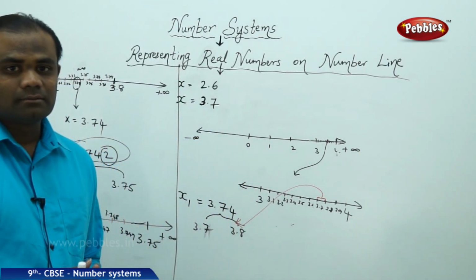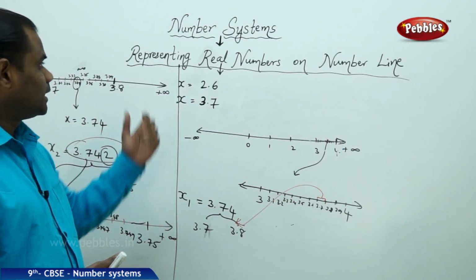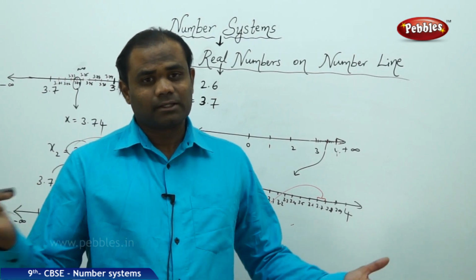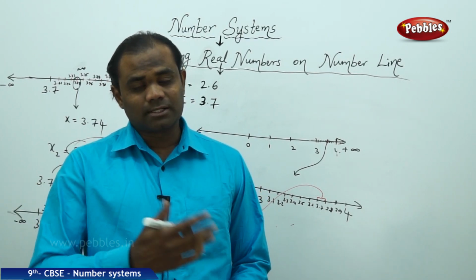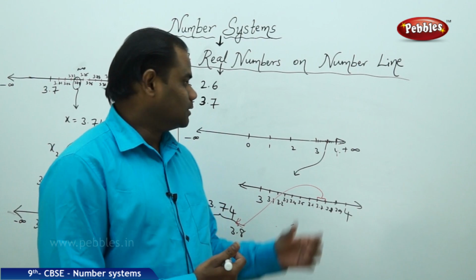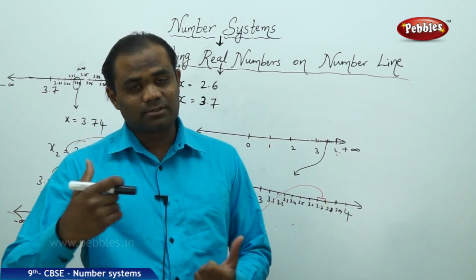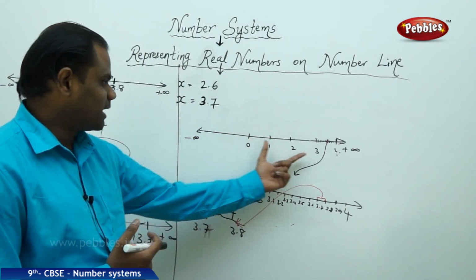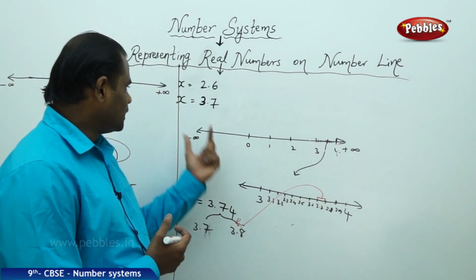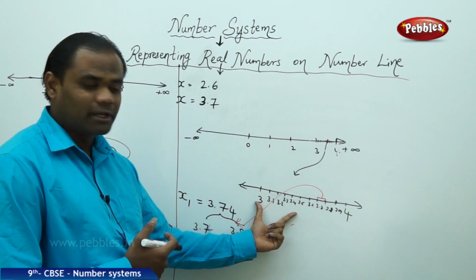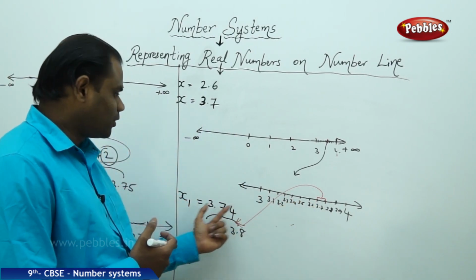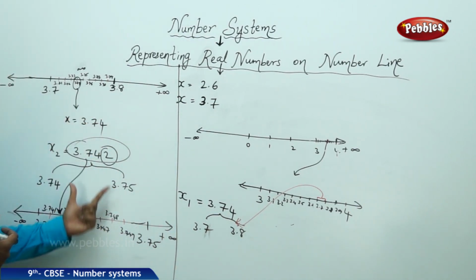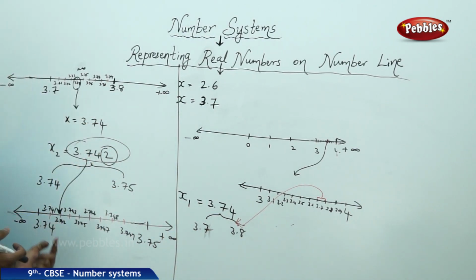Therefore, finally, the learning outcome is that every real number can be represented on the number line, however big the number of decimals are. The successive magnification of the given decimals through the successive magnification of the number line will give us, through the first magnification, the value 3.7, the second magnification, the value 3.74, and my third magnification, the value 3.742.